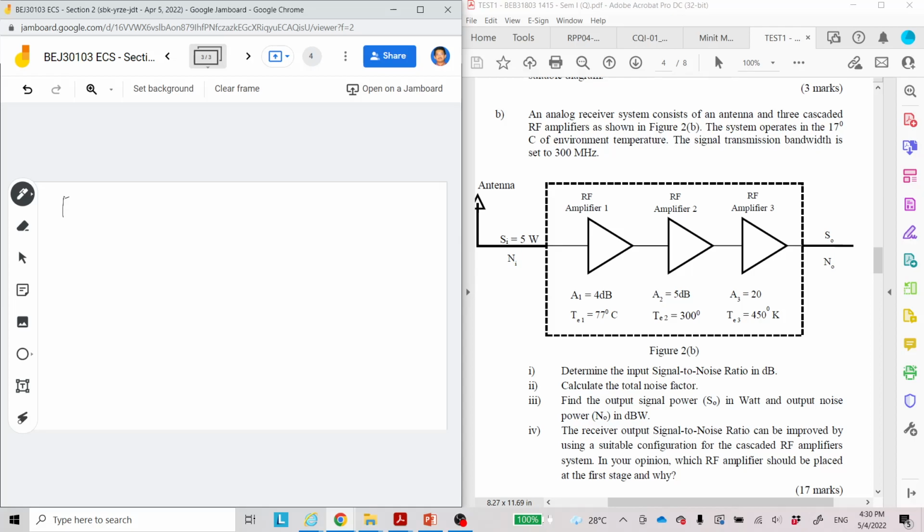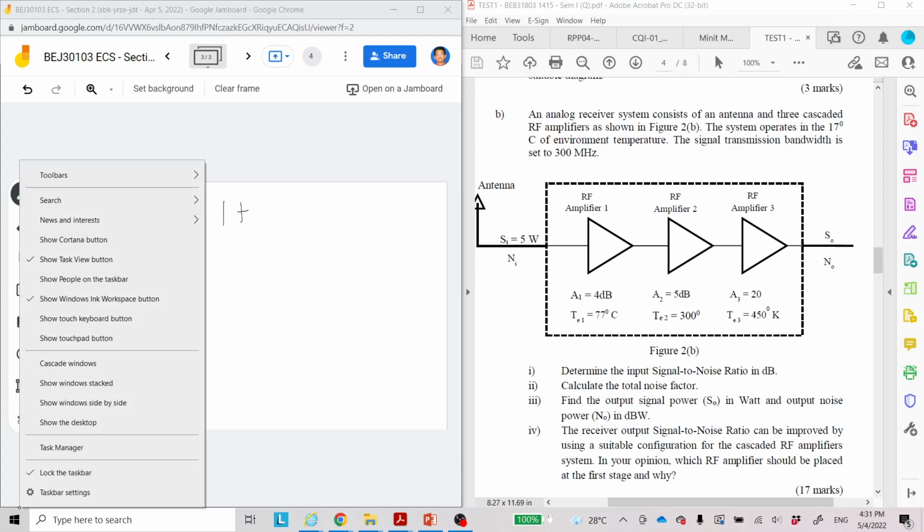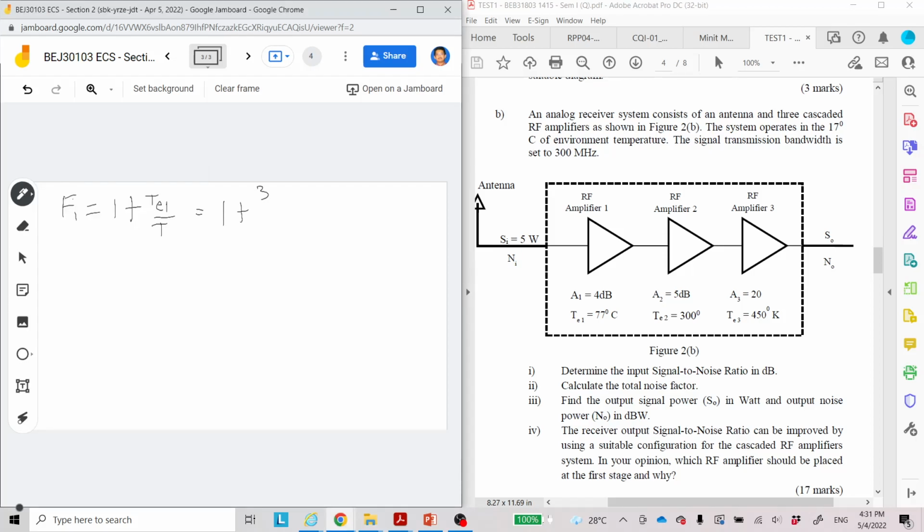So F1 is equal to 1 plus TE1 divided by T. So this is equal to 1 plus TE1, which is given as 77 Celsius. 77 Celsius in terms of Kelvin, you need to add 273. So you get 350 Kelvin divided with 290 Kelvin for the room temperature.